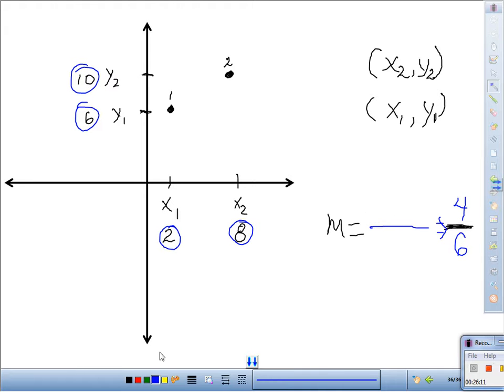Everybody see that? So watch. To find the distance from here to here without using numbers, I would write what? Who sees it? Y sub 2, what else? Minus y sub 1.